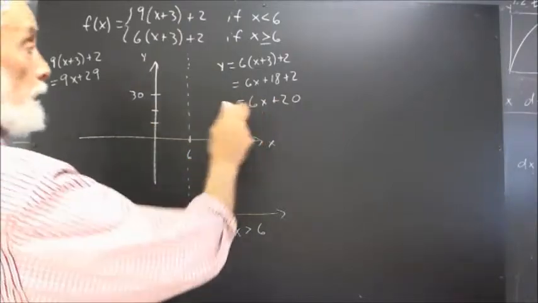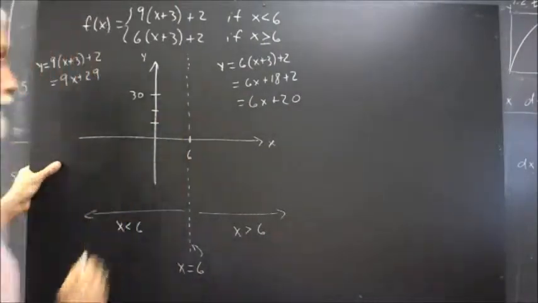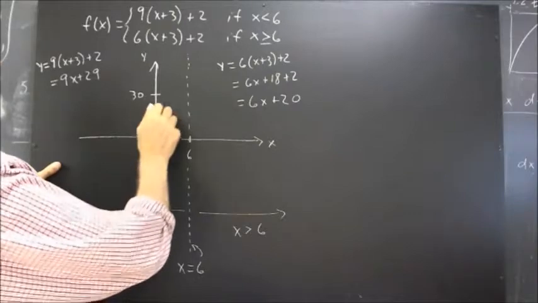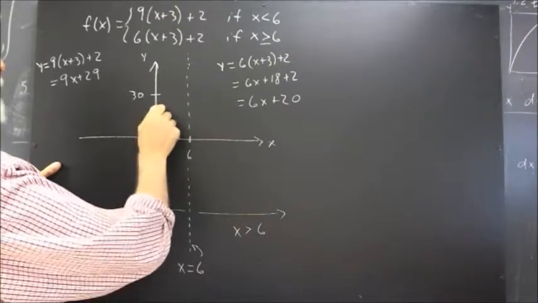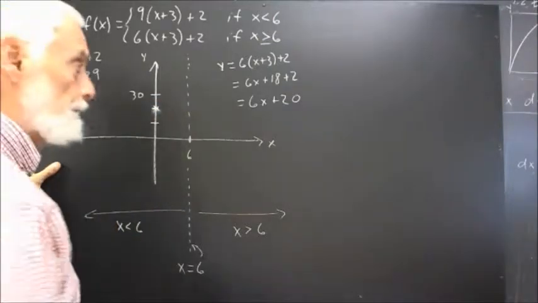But, of course, this function doesn't apply on this side of the line x equals 6. So what are we going to do about that? Well, I'm still going to mark this as a point.